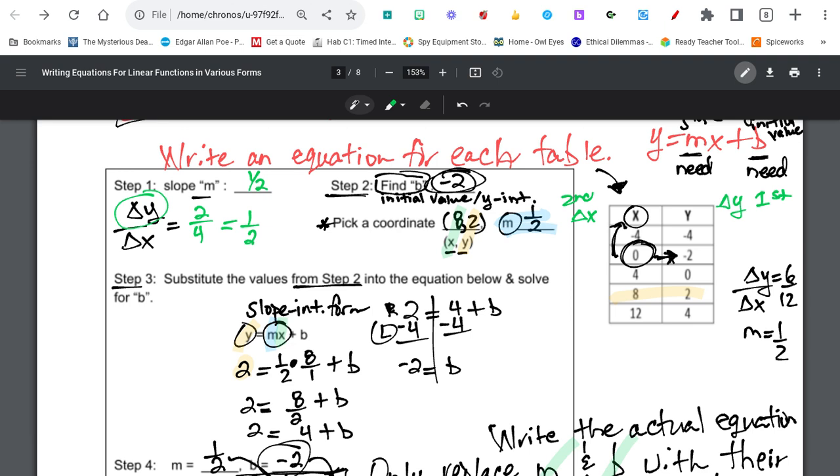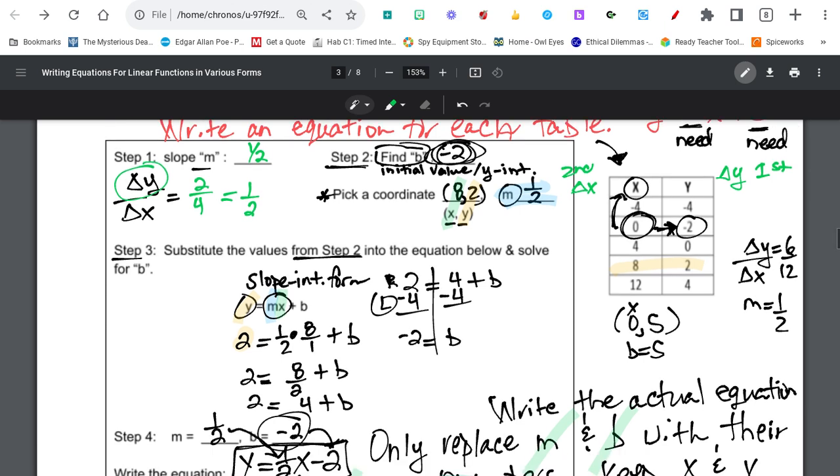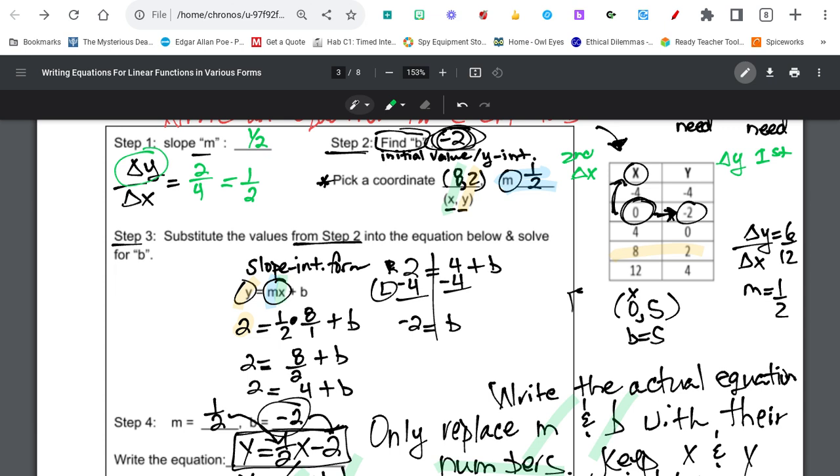So the corresponding y coordinate is -2. It's also my b. Now, that trick only works if you have an x of 0. So if I would have had 0, 5, my b would have been 5.